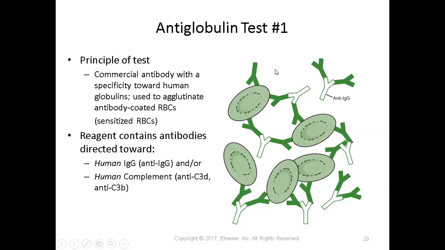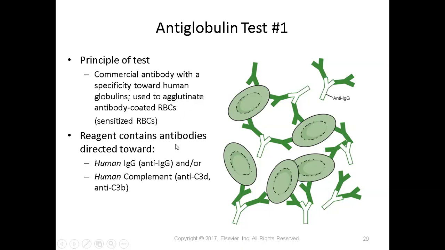There's really no cross-linking or lattice formation. And so although sensitization has occurred here, if we were just going to stop there, we wouldn't be able to visualize agglutination. So antiglobulin reagents basically help us to determine if this sensitization has occurred, meaning antibody has bound to its target antigen. And that's their job, okay?